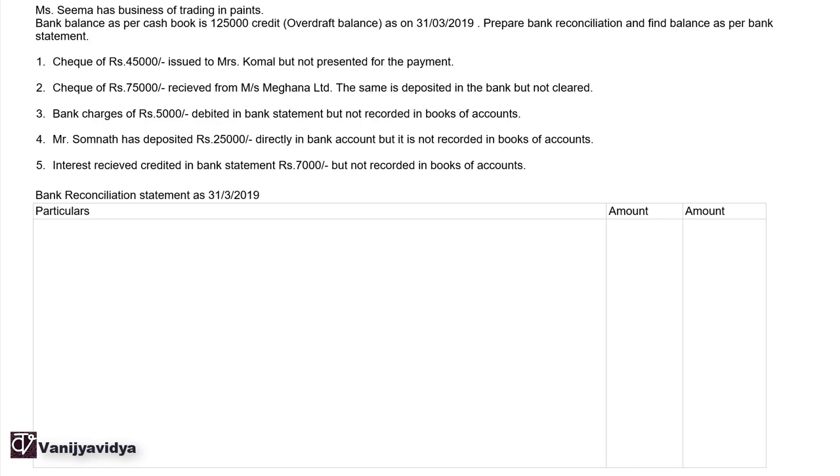Since it's a loan, it will be showing a credit balance in our bank account as per books, and it will be showing a debit balance as per our bank statement. So let's see one example on this.